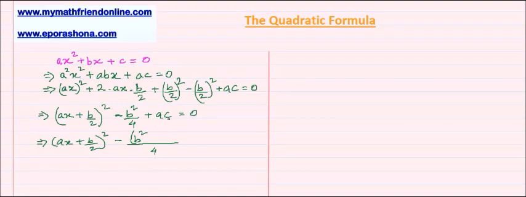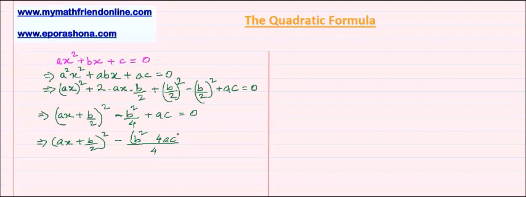And next comes this ac term. It doesn't have any 4 in the denominator. Instead, it is having a 1 in the denominator. And over here, there is the 4 in the denominator. So this term should be multiplied with 4. So it will be 4ac. Now, what will be the sign in between? It is a plus sign over here.